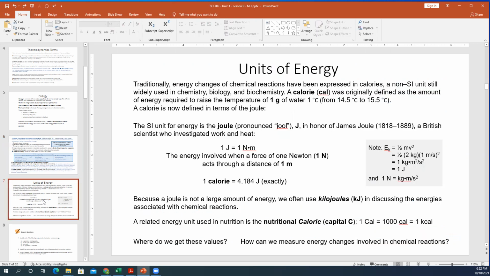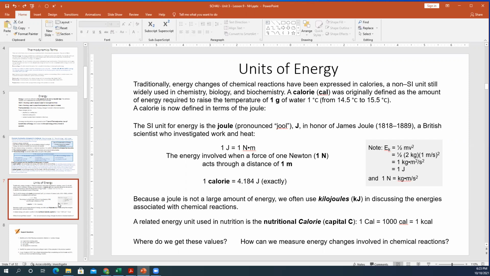So now the units of energy that are associated with thermodynamics. Traditionally, energy changes in chemical reactions have been expressed in calories. That was the old way, which was a non-SI unit, a non-standard international unit, but it's still widely used in chemistry and in biology and biochemistry.